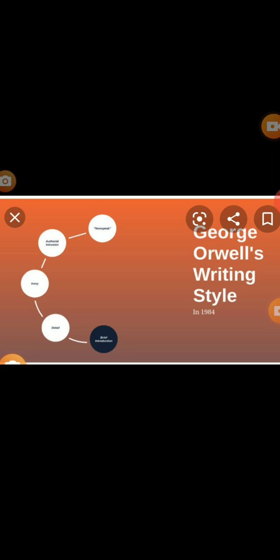Newspeak is used by the government to control what people can and can't say, as well as censor unpopular opinion. These two works, especially 1984 and Animal Farm, are the best example of the simplicity of his language because it is very easily understood by the reader.